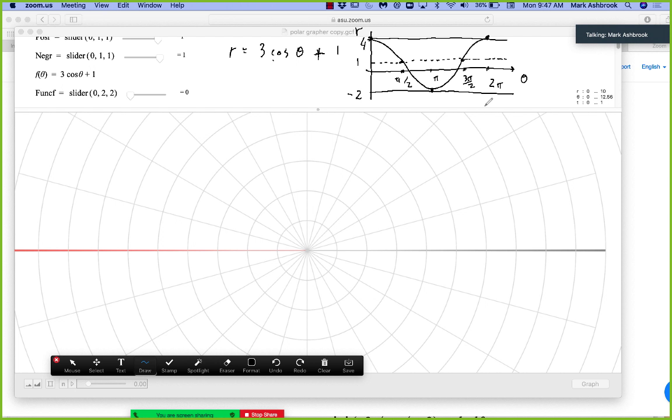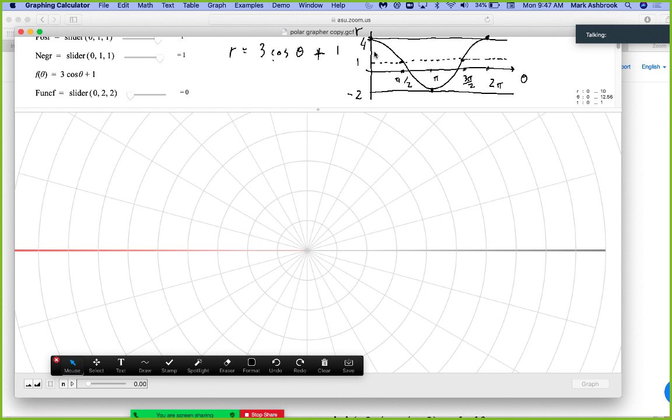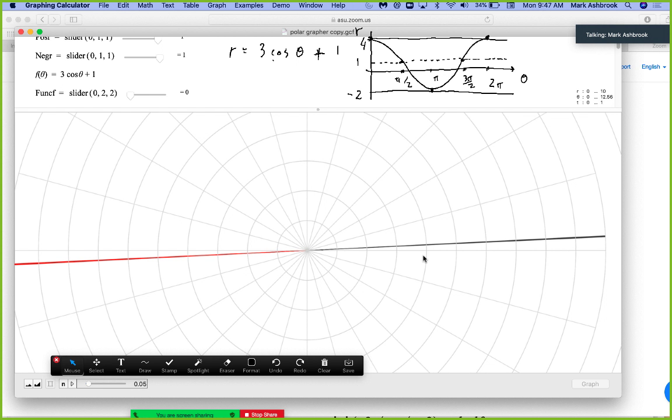Okay, so how will it go from 4 to 1? Will it start slowly, start quickly? It'll start slowly and then speed up. Right, so we'll start at 4, and imagine the point starting here at 4, so 1, 2, 3, 4, we're going to start here.